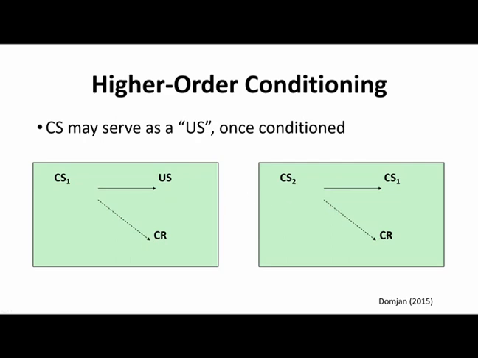This would be an example of second order conditioning because we have two separate steps, but you can see third order conditioning or even higher. Just keep in mind that the further removed you are from the unconditioned stimulus, usually the weaker the conditioned response that you see produced. That's not always the case, but it's a general rule of thumb.